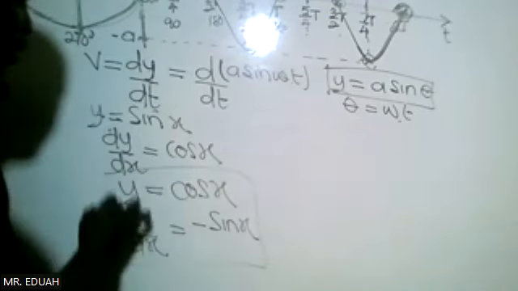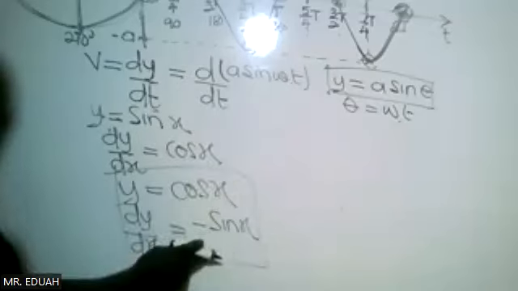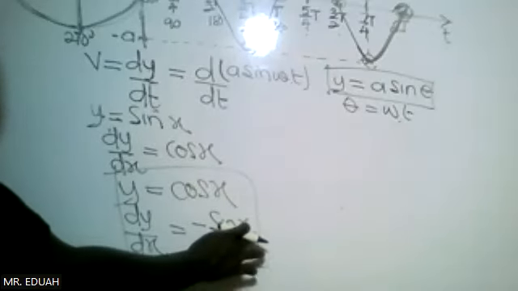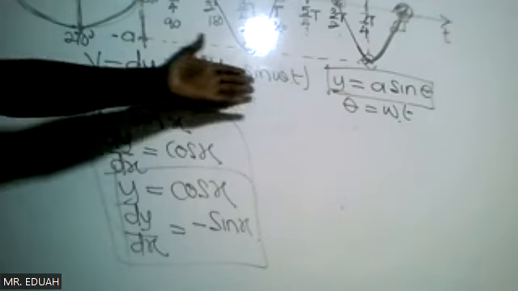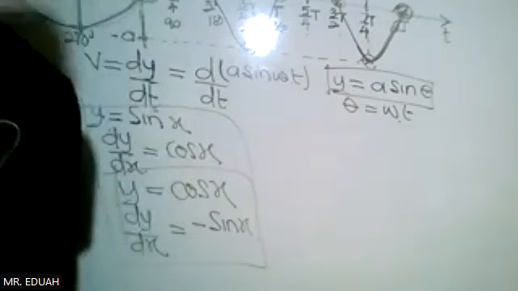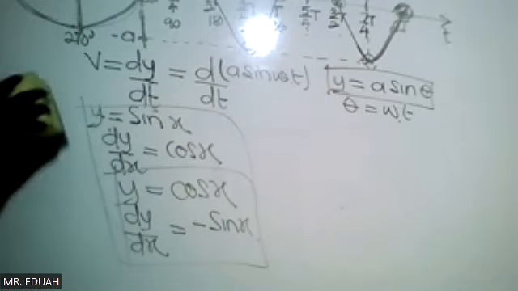So whenever you differentiate a cosine function, it's equal to the negative of a sine function. So put these two down. This is what we are going to apply, because what we have is a trig function. Please, are we okay? Yes. All right.